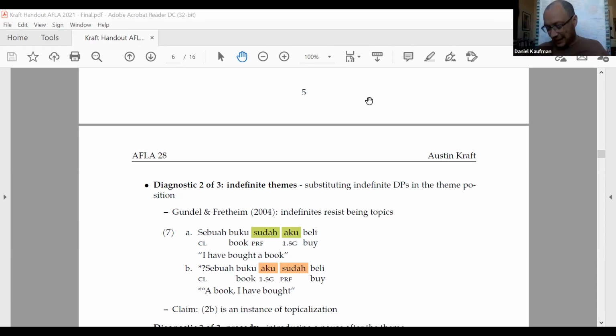Yeah, related to that, I looked at coordinate agents in this construction, but it's important to understand the history of this construction, because it really starts out as a clitic position, and then the clitic becomes a wedge for a full phrase. It's pretty clear if you look at classical Malay how this happened.